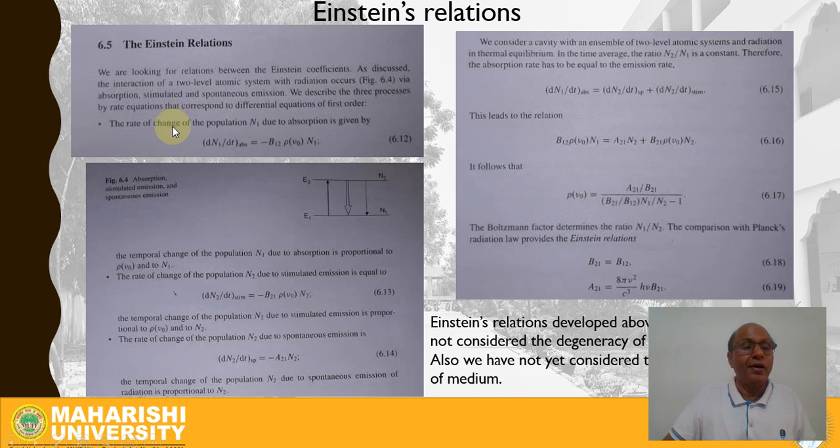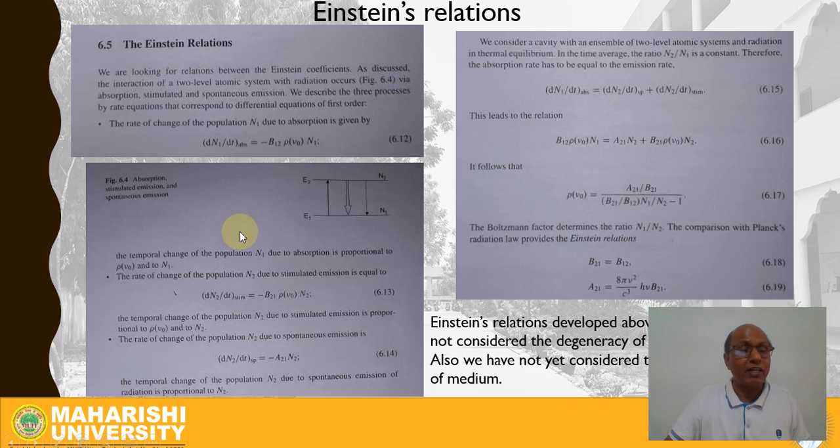The rate of change of the population N1, that is the transition rate from the level N1 due to absorption. Transition rate, that means dN1 upon dt is equal to so much. This you can easily go back and see from the previous equation. So this you can easily arrive at, and it is given by this value.